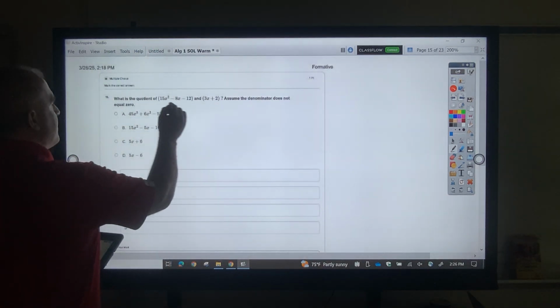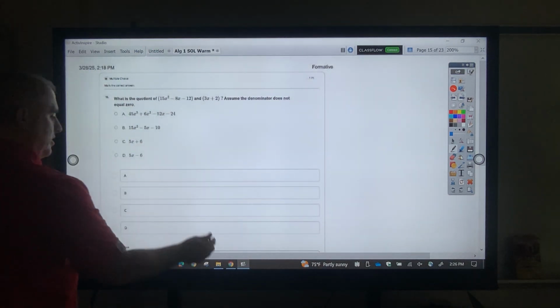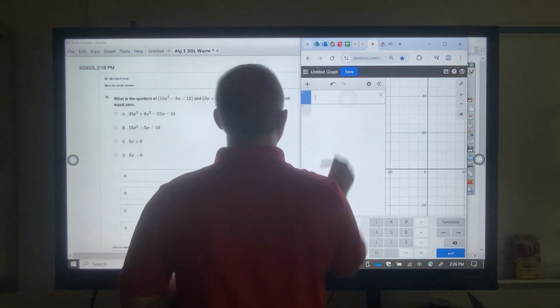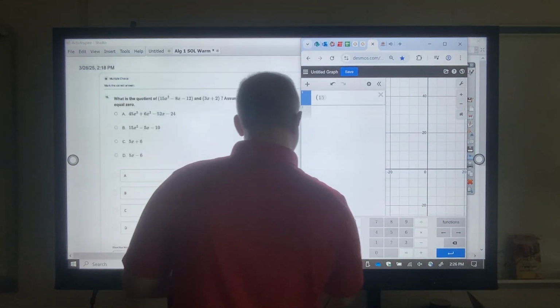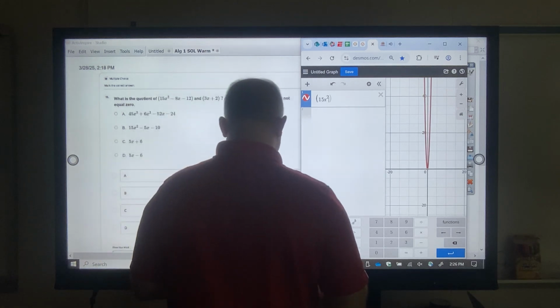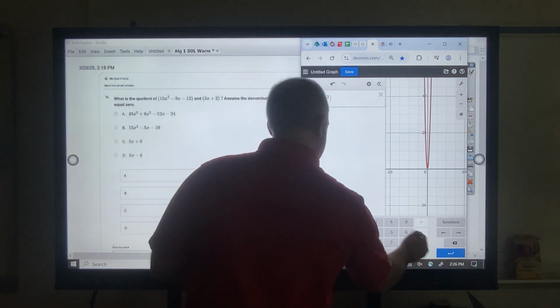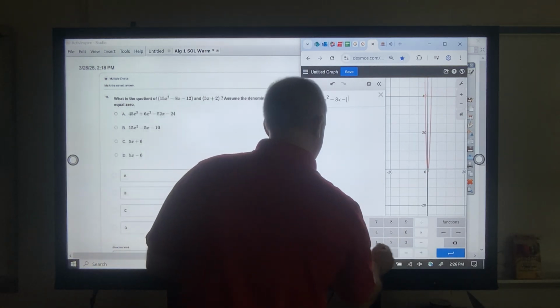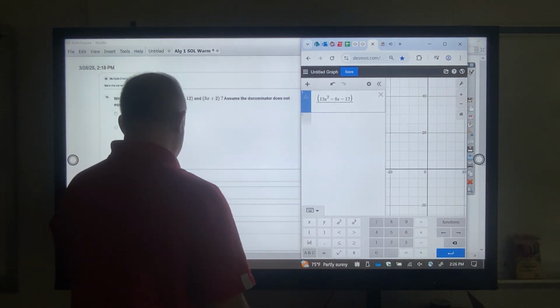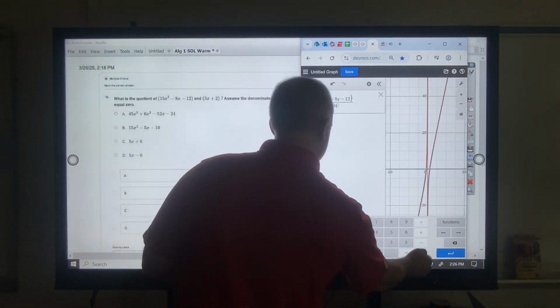Okay? So when they have that, what is the quotient? They have a match. What you're going to do, type this in, parentheses 15x squared, minus 8x minus 12 divided by 3x plus 2.